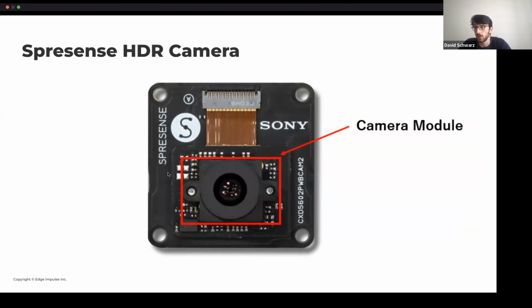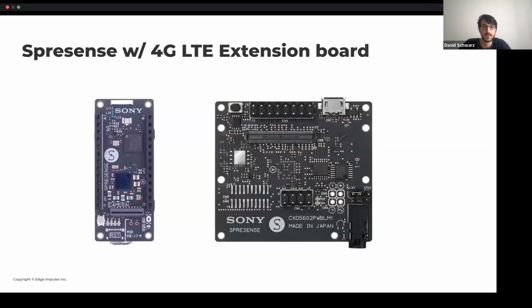This specifically has really good low light performance, which is fantastic for wildlife camera situations where we're potentially running at night and we still want to capture nocturnal animals. And it also slots right into the existing Spresense kit and device. And so we can use the existing ecosystem of examples right out of the gate.